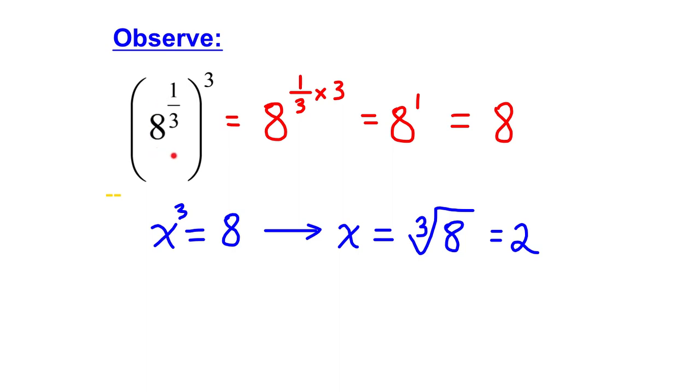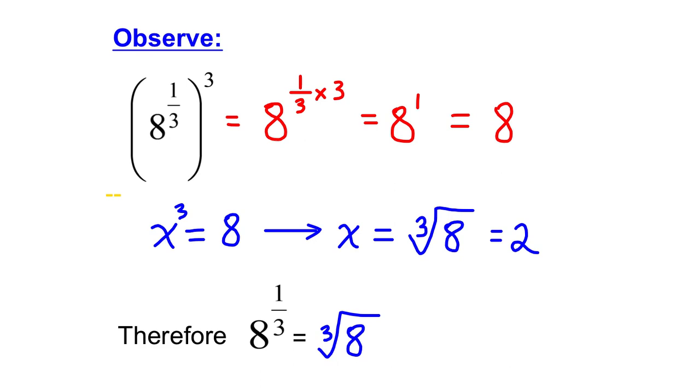Now, something cubed is equal to 8. The answer is 2. This cubed is 8, so this must also equal 2. So 8 to the exponent 1 over 3 is equal to the cube root of 8. And I can see that here. Notice this and this. Keep this idea in the back of your mind as I show you one more thing.